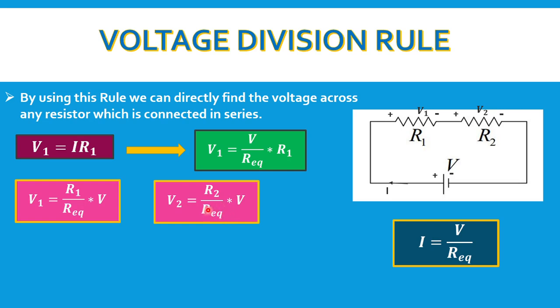Since R equivalent is R1 plus R2, V2 is equal to R2 upon R1 plus R2 into V. This is the voltage across resistor 2.